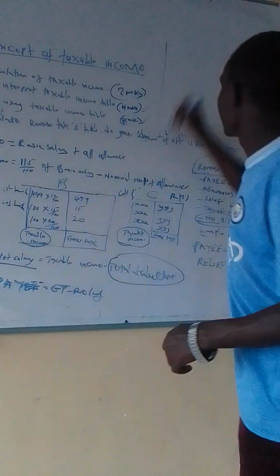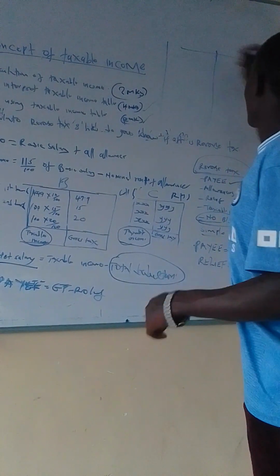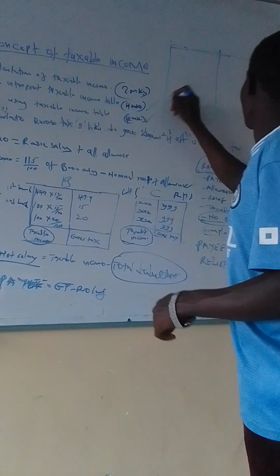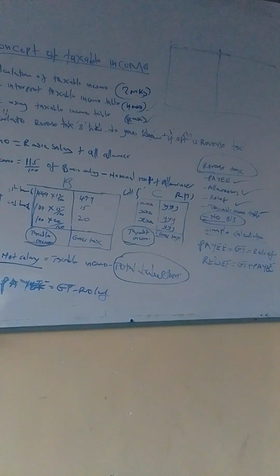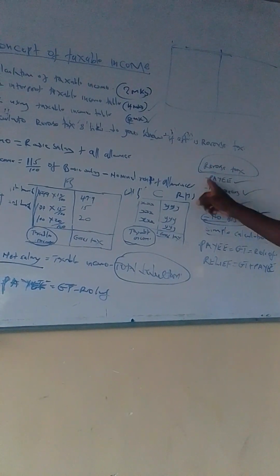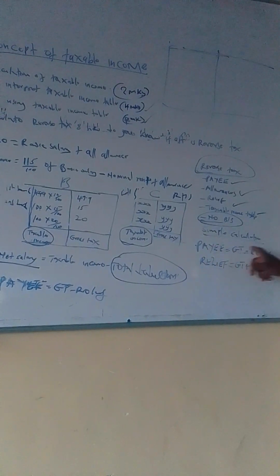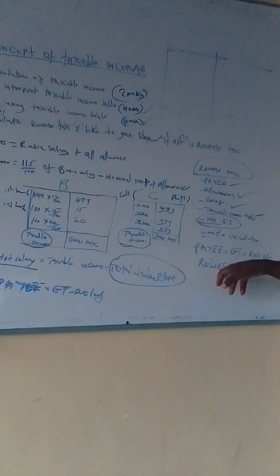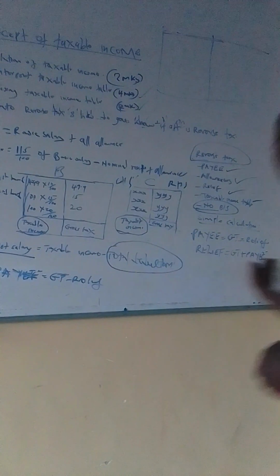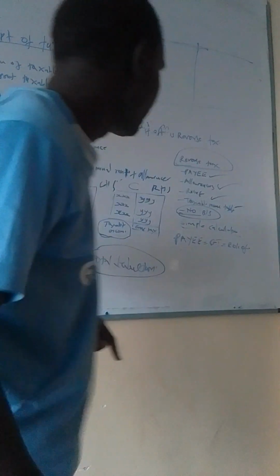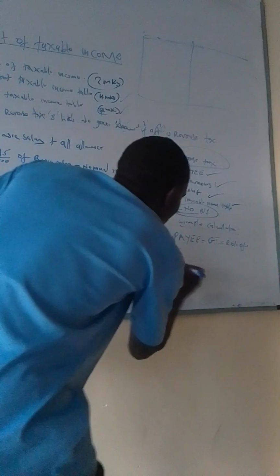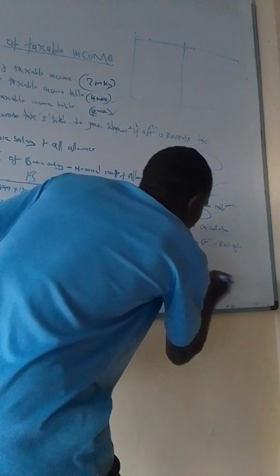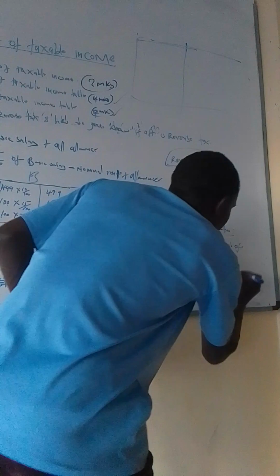So for this case, maybe I have my T diagram like this. Your key step number 1, take pay. Pay is equal to gross tax minus relief. So if I want to get gross tax, gross tax is equal to pay plus relief.